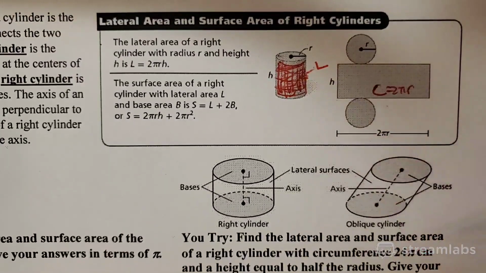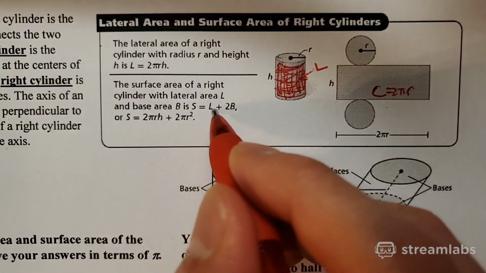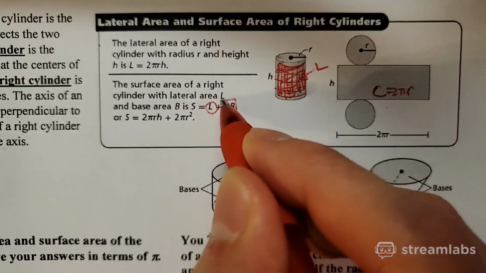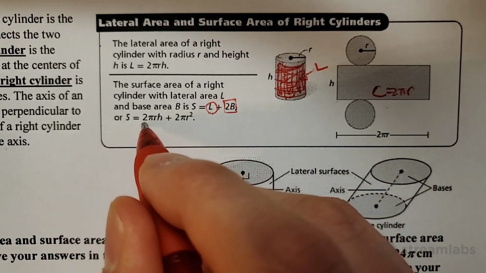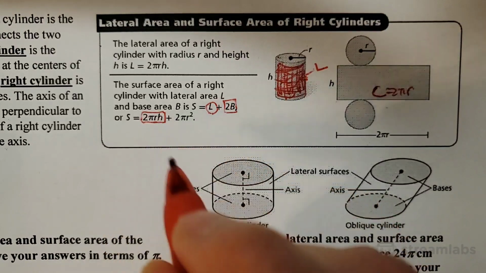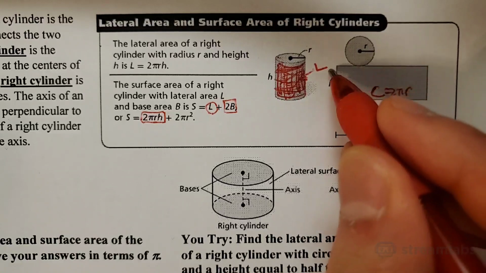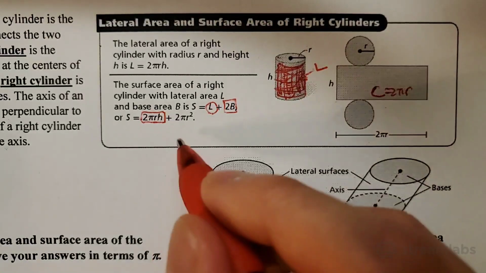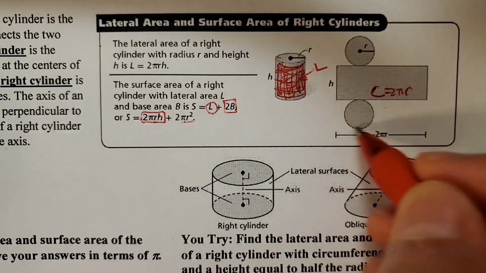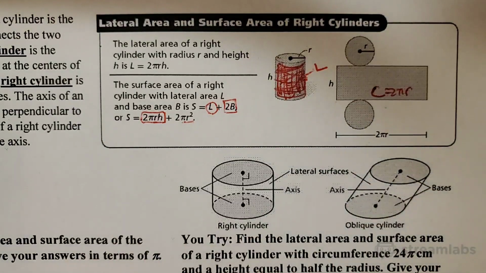And the base area is pi r squared, so it's still the same formula, lateral area plus 2 bases, but your lateral area is now represented by 2 pi r times height, because that's what this area is, right? The perimeter is circumference times height. Your base is now circular, so it's pi r squared times 2, because there are 2 bases, okay?